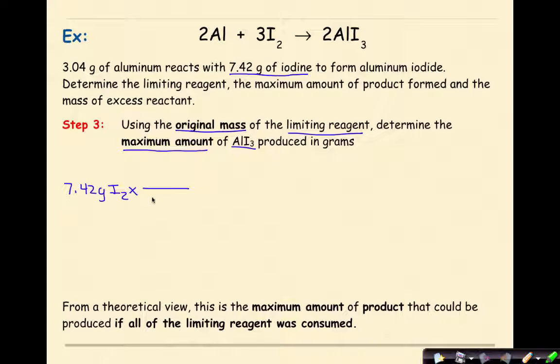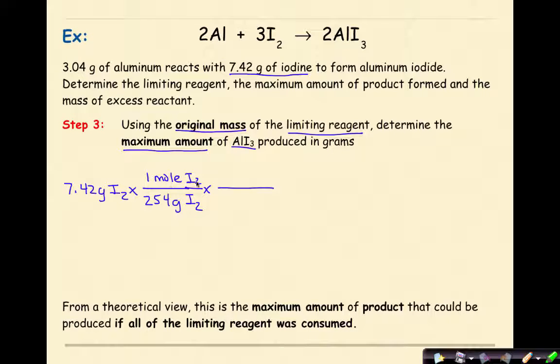So I know from my previous example that there is 254 grams of I2 in 1 mole of I2. And now what they ultimately want is the maximum amount of AlI3 in grams. So this second ratio here is going to be a ratio between moles of I2 and moles of AlI3.